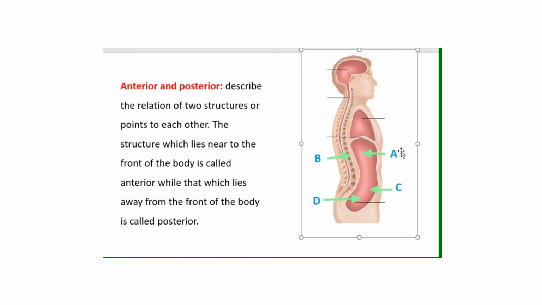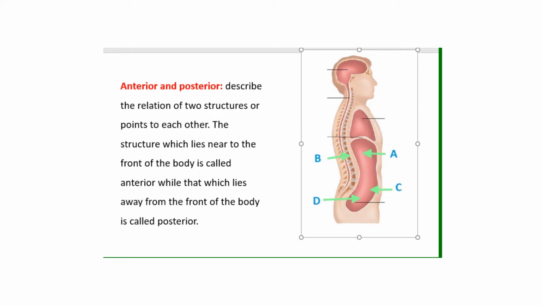A is anterior to B. C is anterior to D. D is posterior to C. Then the structure which lies close to the anterior body wall is called anterior in relation to a structure which lies away from the body wall in relation to this structure.